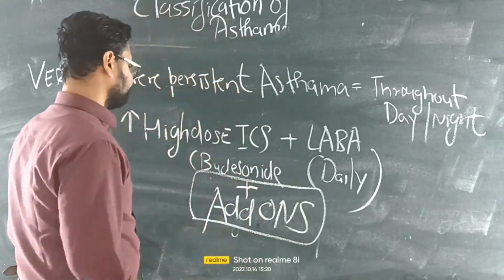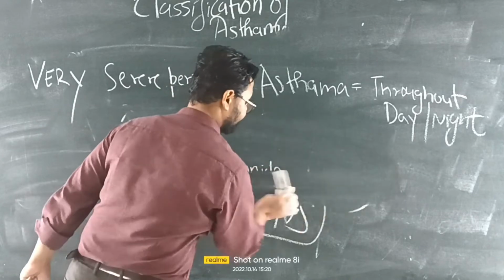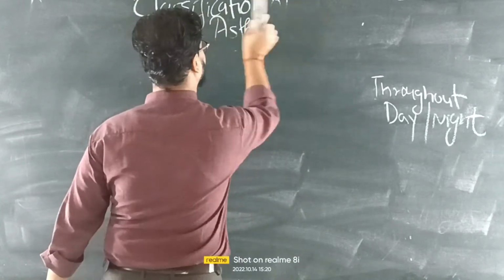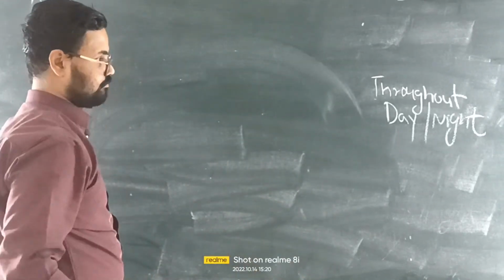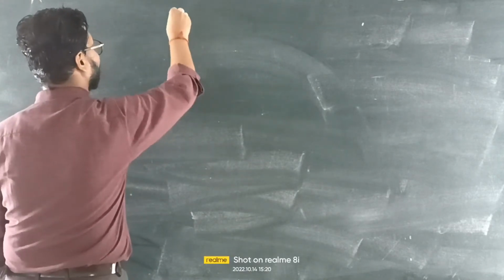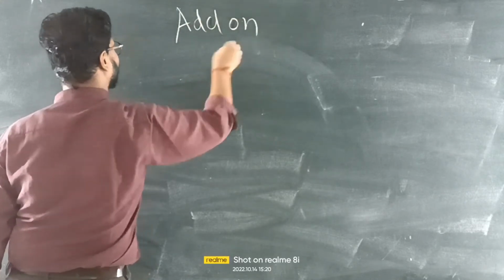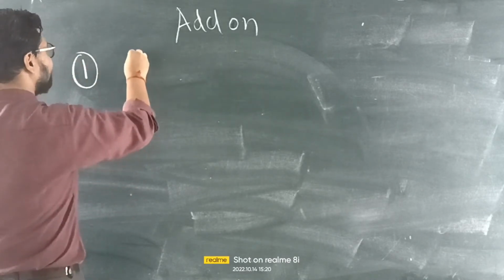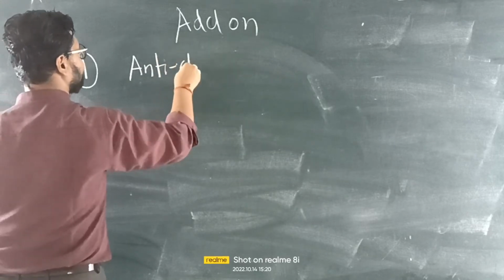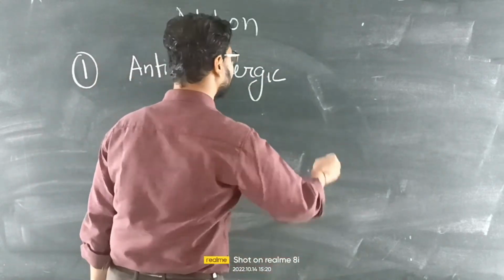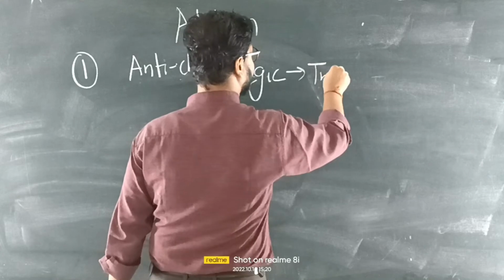What are the add-ons? We will add on first an anticholinergic, and the treatment of choice of anticholinergic is tiotropium bromide.